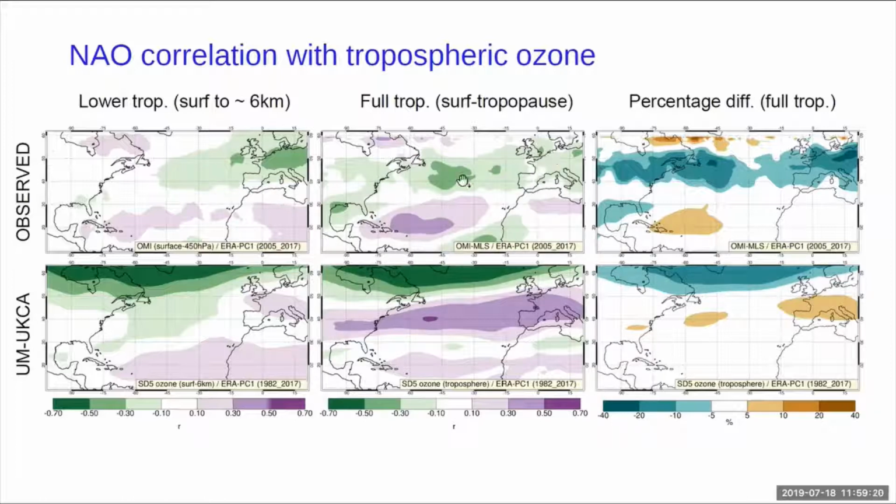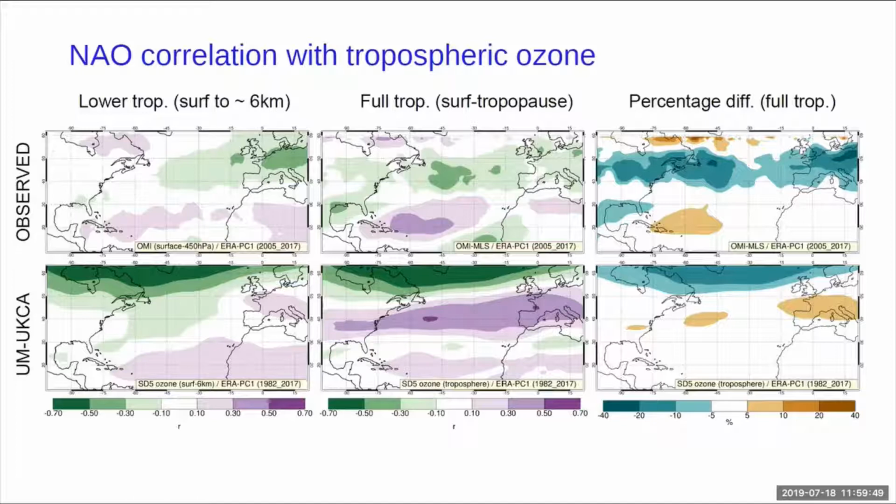But they both agree in having this kind of negative correlation between ozone and the NAO in this sector of the North Atlantic, and a positive correlation lower down. And this is a non-negligible impact on tropospheric ozone column, with parts of Europe and other regions having a decrease in tropospheric ozone column of up to 20% with the positive NAO phase.